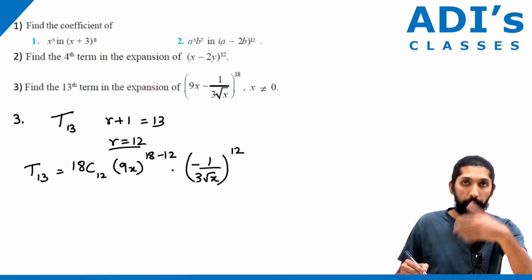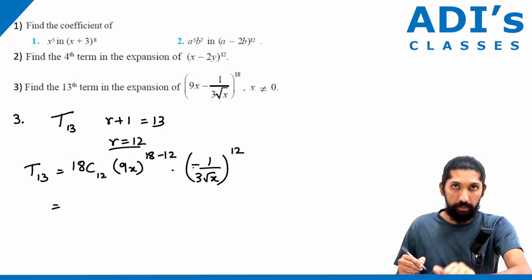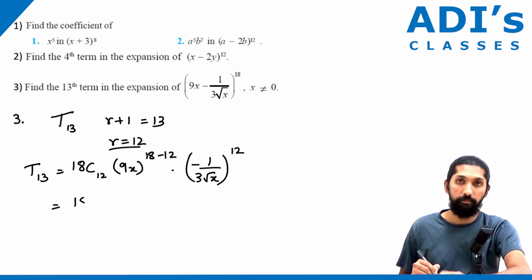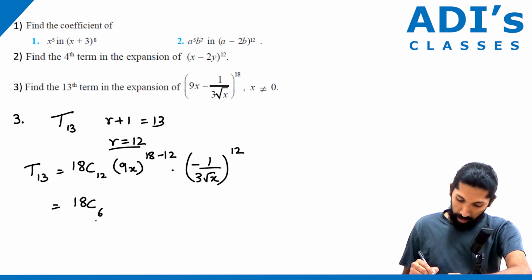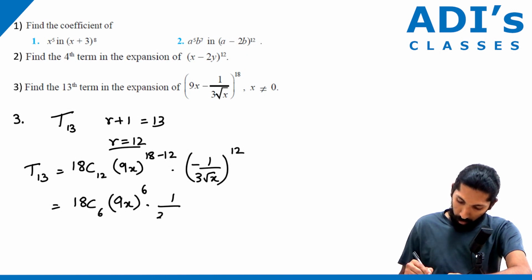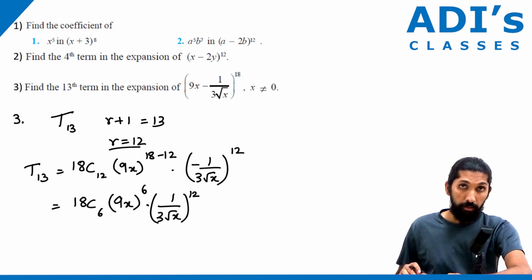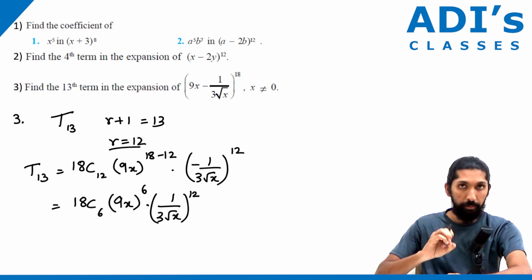See, minus to the power of 12 is plus itself, so no worries there. 18C12 is 18C6, correct? Into 9x whole to the power of 6 into 1 by 3 root x whole to the power of 12. One thing we can do here, 18C6 we can keep as it is.